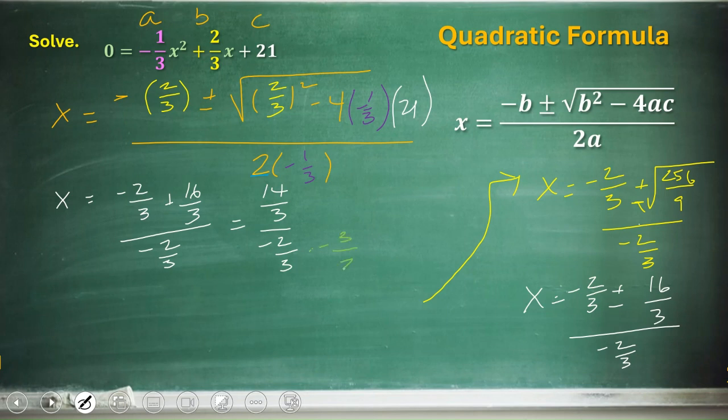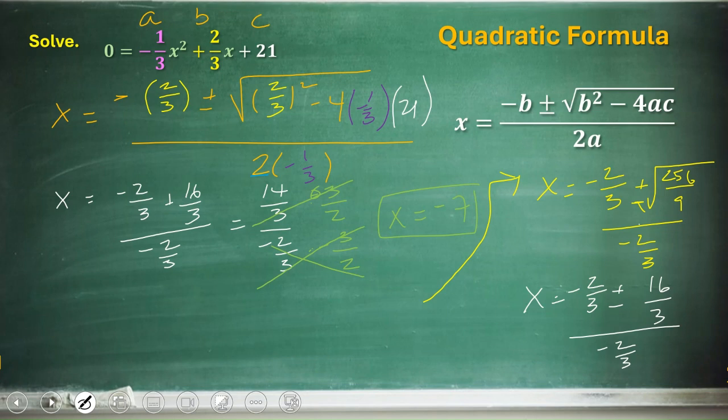So I'm making 1 in the denominator. What I do to the denominator, I do to the numerator, because I'm essentially making an equivalent fraction. This makes a 1, it goes away. The 3's cancel out. And then I end up with x equals, I've still got a negative hanging out right here. So 14 divided by 2, which is negative 7.